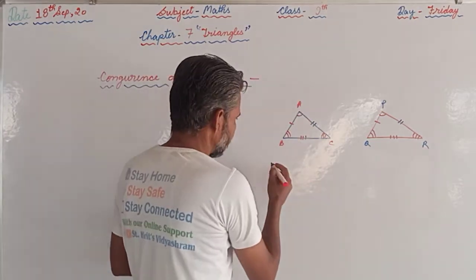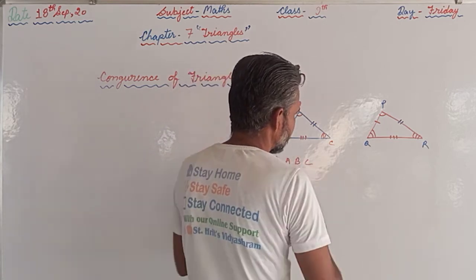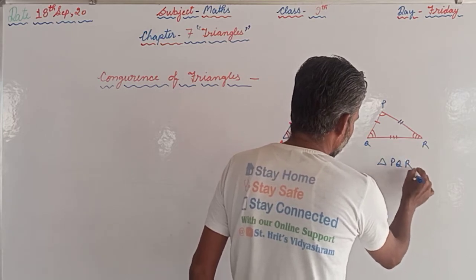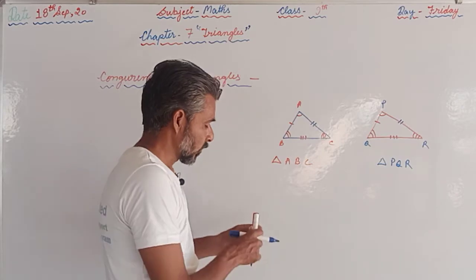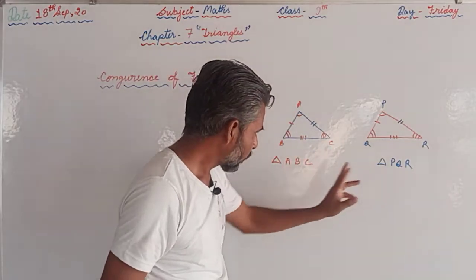So here we can write the name of the triangle ABC. Here we can write the name of the triangle PQR. Naming is also important in congruency. First we see the angles.